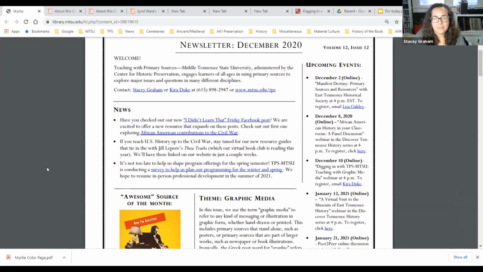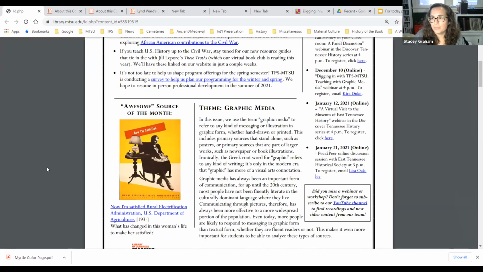When I was trying to define what graphic media was, I came across a bit of an irony: graphic comes from the Greek word meaning to write, but we always think of graphic as something visual that you see instead of read. So we think in terms of pictures when we think of graphic media. That's what it's come to mean to us.